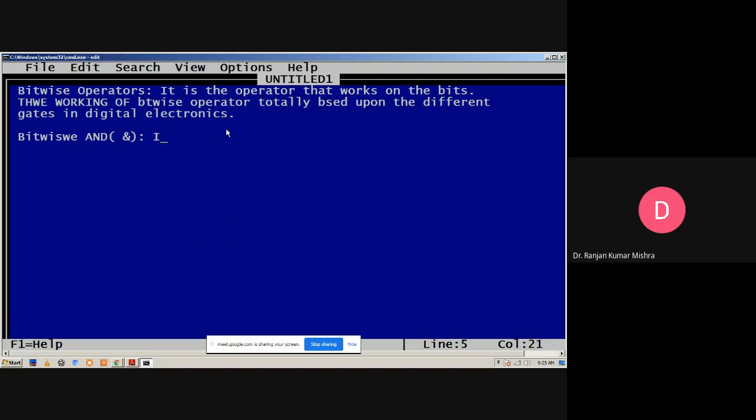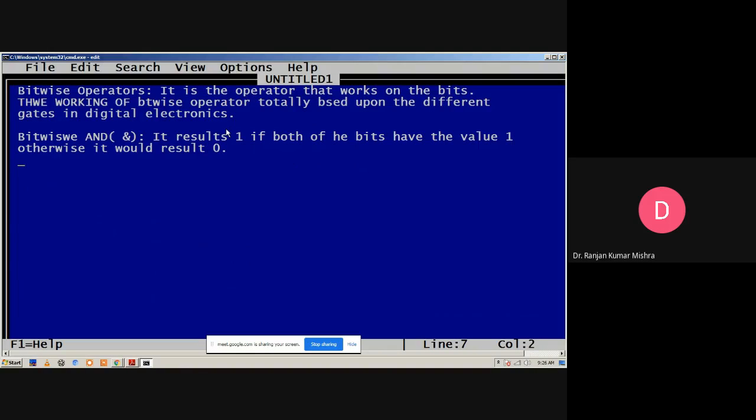Basically, it results in 1 if both of the bits have the value 1, otherwise it results in 0.